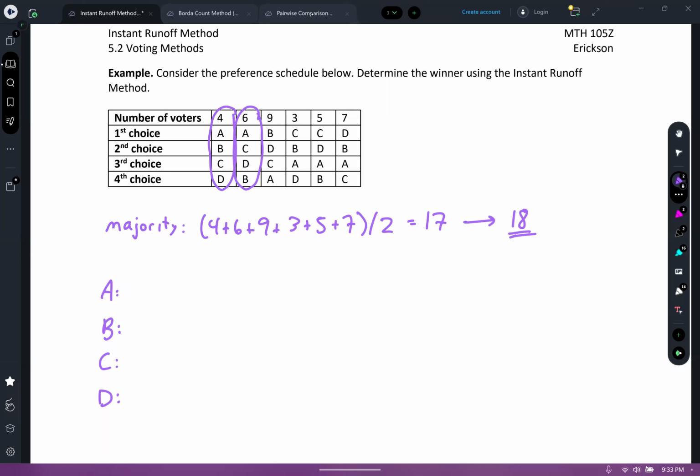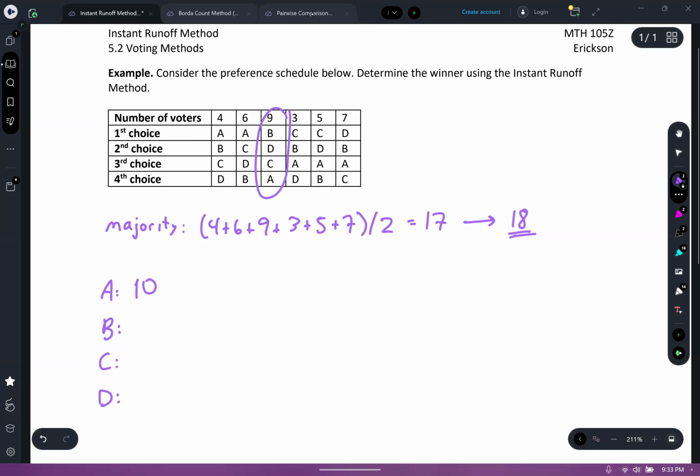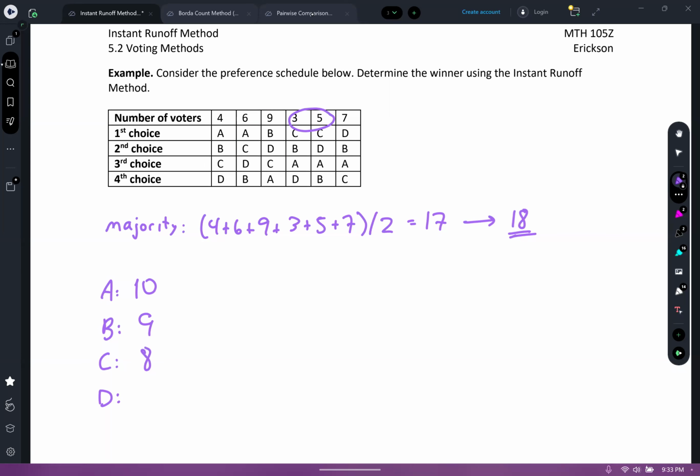So A got a total of 10 first place votes. And then B got a total of 9 first place votes, C got 8, and D got 7 first place votes. So notice no one achieved a majority. No one got 18 first place votes. And so we would go on now to the next round.